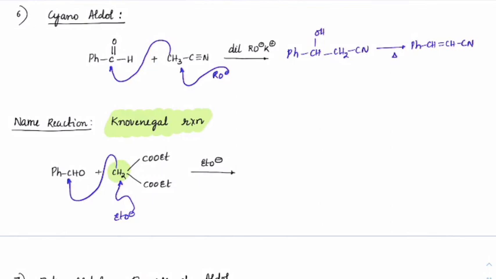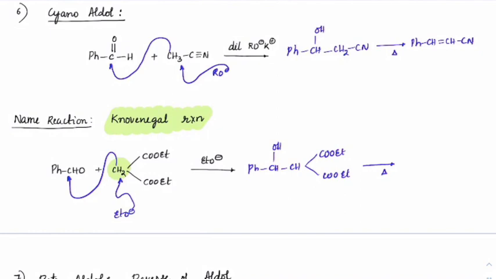This is quite similar to the above cases, and that brings the product PhCHOHCH with COOEt and COOEt, which on heating we will get PhCH=C(COOEt)(COOEt). So alpha beta unsaturated diesters. So this is called the Knoevenagel reaction. Okay, I guess you guys understood that, right?